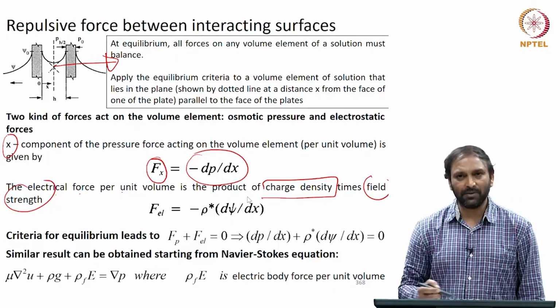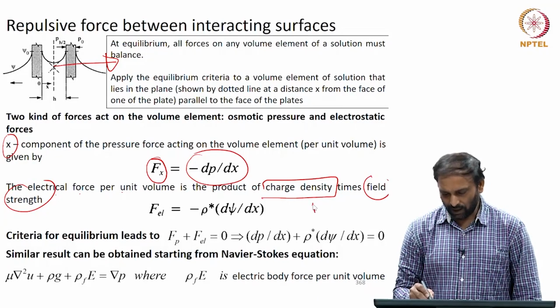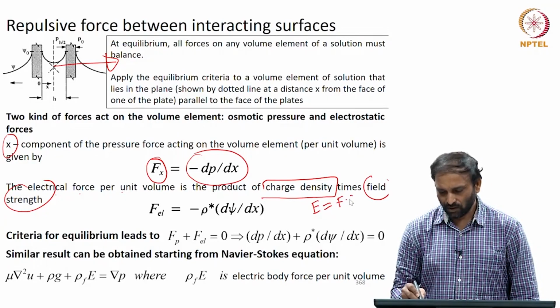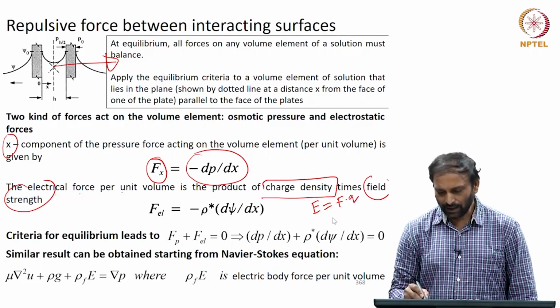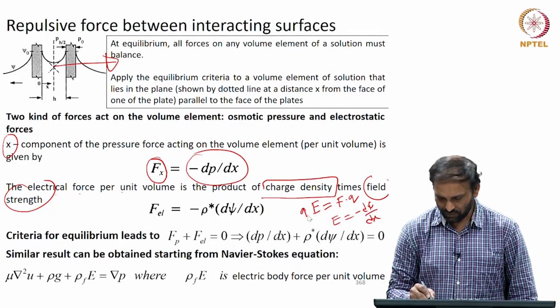Okay. That again comes from the electrostatic concept that electric field E is force per unit charge Q, and E again is minus d psi by dx. Sorry, this is F divided by Q, right.